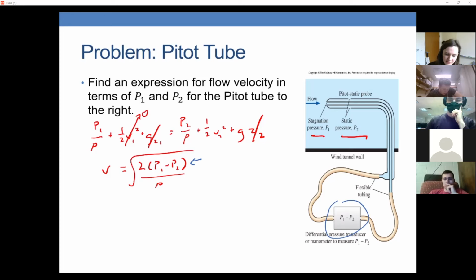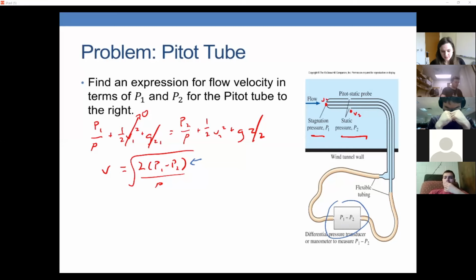In this case, V1 would be right here, and V2 would be out here. We'll make an assumption that V1 is very, very close to 0, since it's right there at the stagnation point. But it has to have something for the flow to happen through the tube, right? Flow isn't happening through the tube. Through the tube, it's just still. Okay, that's where I was getting confused.